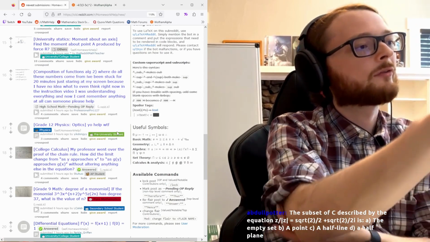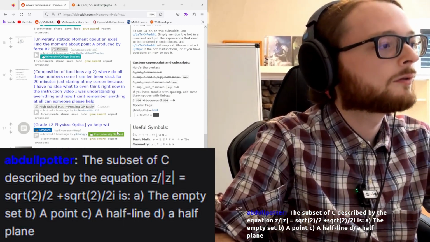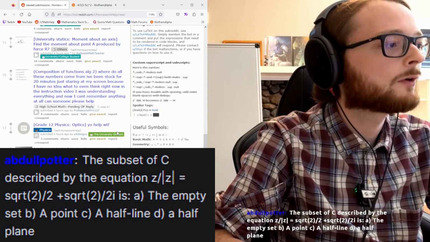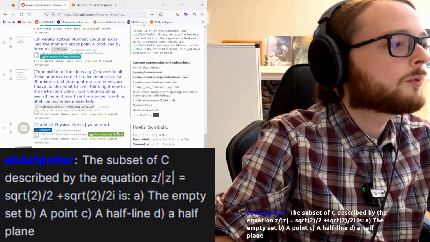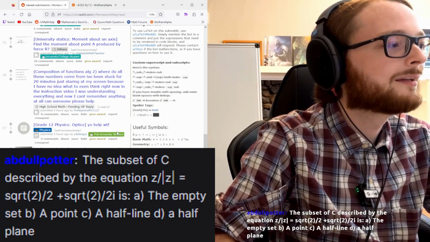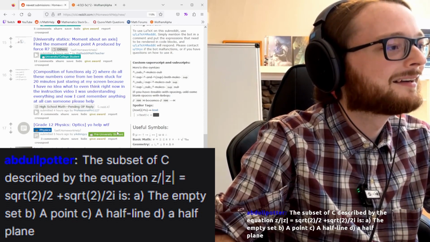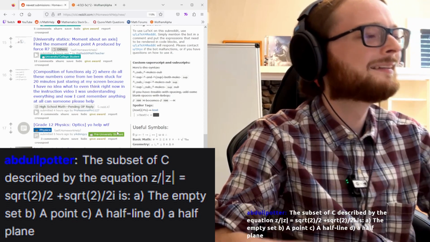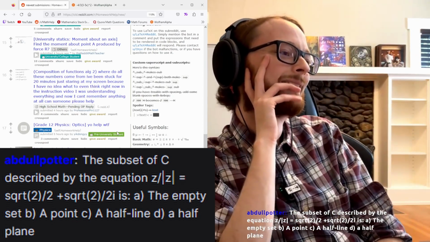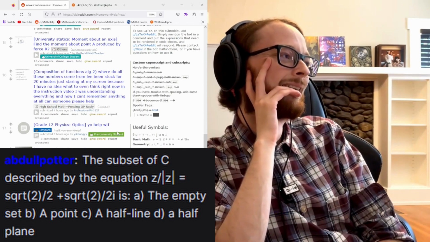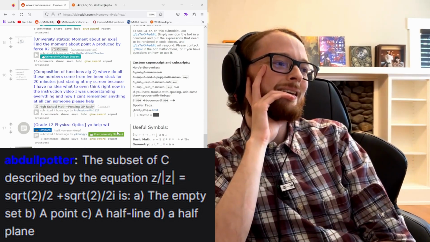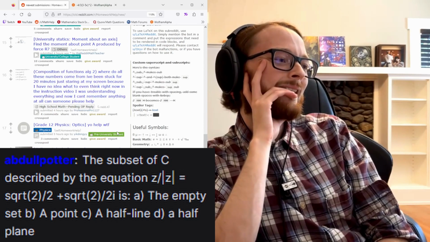Oh, Abdul. Okay, so that's the complex number question. The subset of C described by the equation z over absolute value of z equals root 2 over 2 plus root 2 over 2 i is... Oh! Huh.